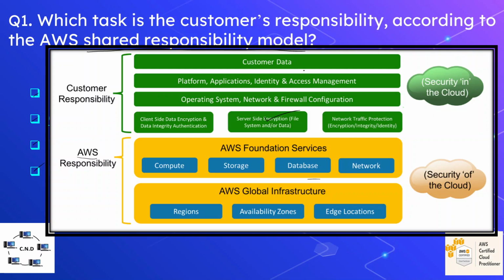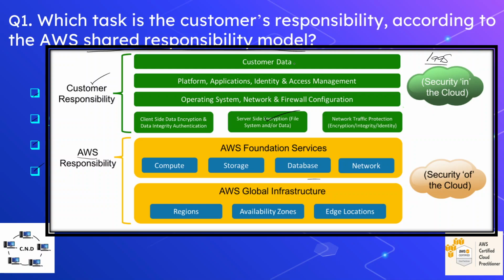So cloud computing is basically a shared responsibility model. There are some responsibilities that our customer has to take care of, and some responsibilities are the cloud provider's responsibility. In this diagram, this is basically the infrastructure as a service cloud model, shared responsibility model.